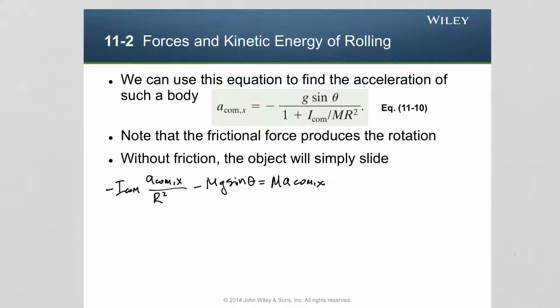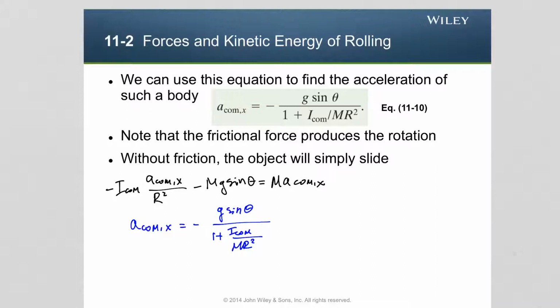From here I rearrange the terms to express the acceleration of the center of mass with the other quantities. I get that the acceleration of the center of mass a_cm,x is equal to minus g sine of theta divided by 1 plus I_cm divided by m r squared. That is this expression here in the green box.